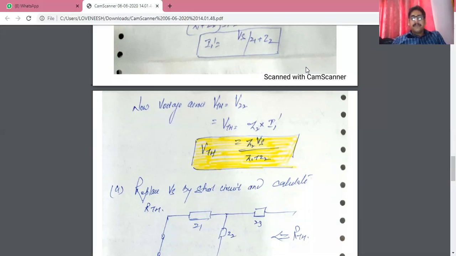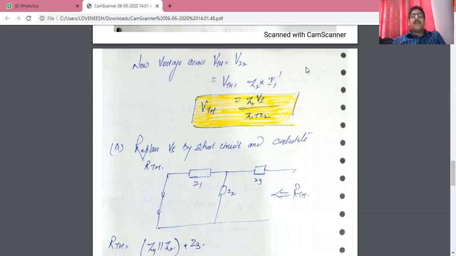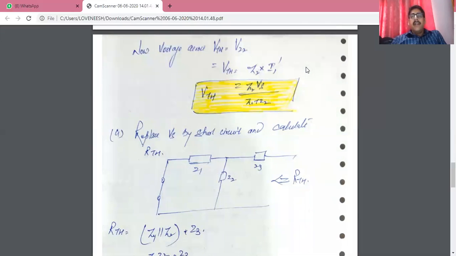For that, I replace the voltage source by a short circuit, and here you can see that the Z1 resistor and Z2 resistor are in parallel, and this combination is in series with the Z3 resistance. When two resistors are in parallel, we know the equivalent is product upon sum.